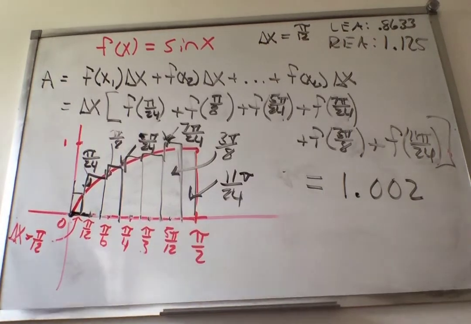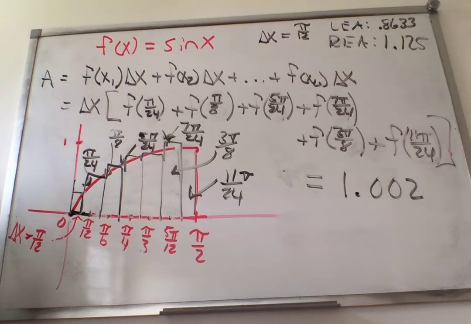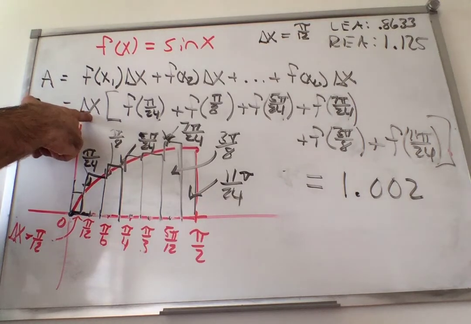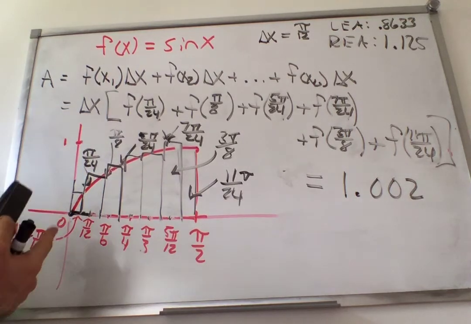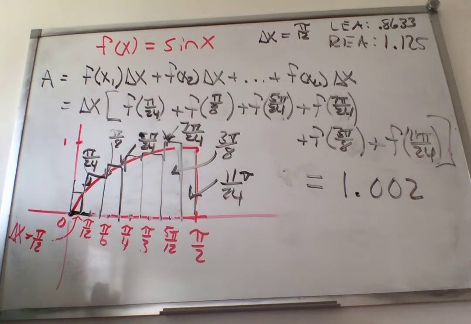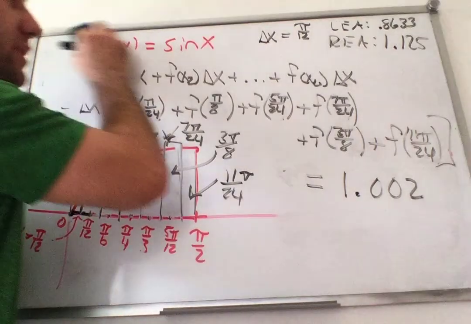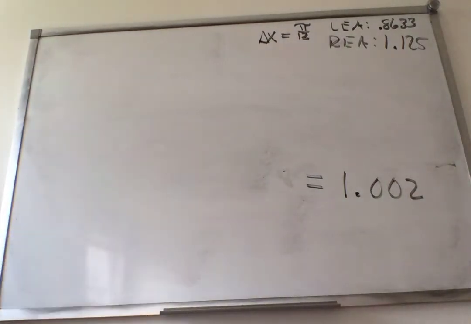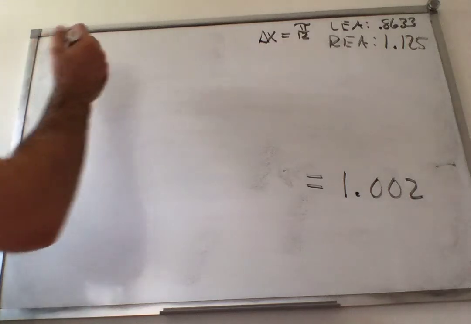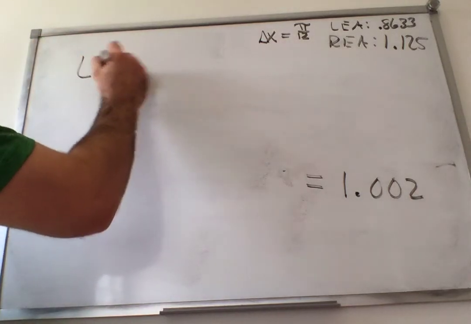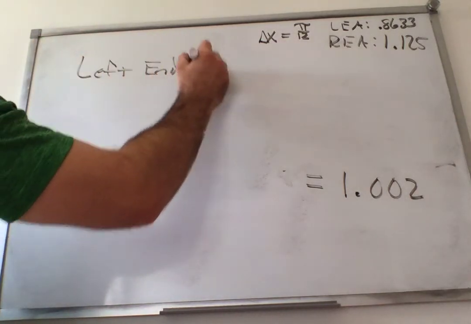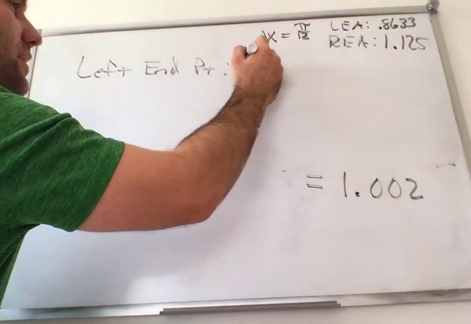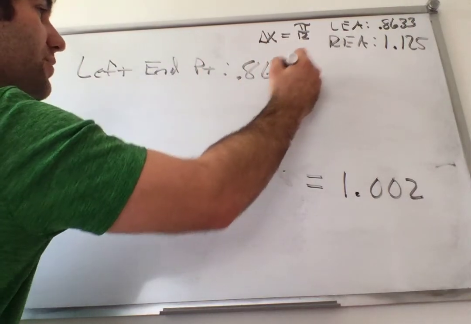Okay, so this is the method on how to do it. Your delta x stays the same, and all you have to do is either the left endpoint, right endpoint, or midpoint approximation and plug in your function values. Now if we were to look at our results, the left endpoint gave us a value of 0.8633.